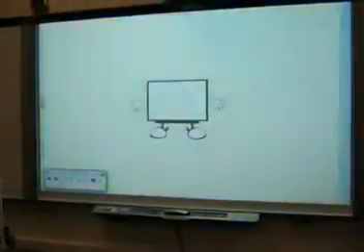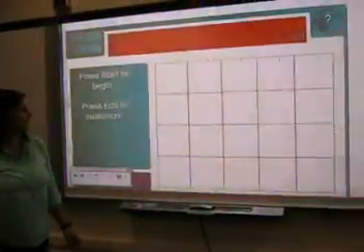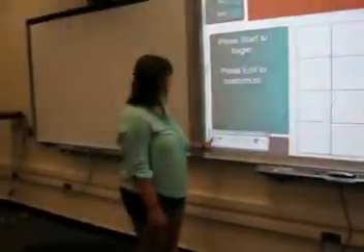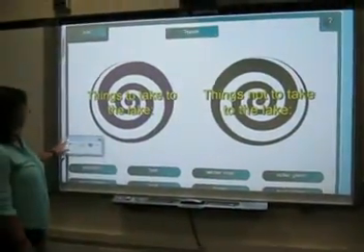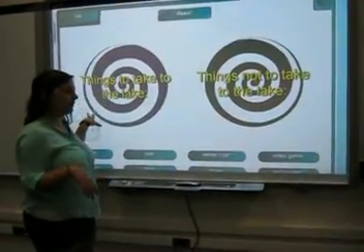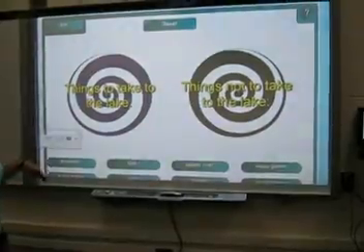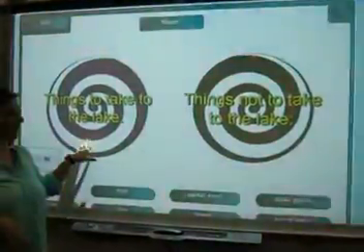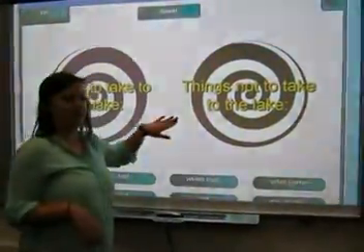Okay, the next activity is loading. Okay, this one I used the Vortex. It's an activity builder in the Smart Notebook program, and it says things to take to the lake and things not to take to the lake.